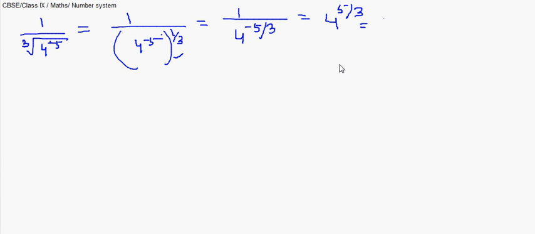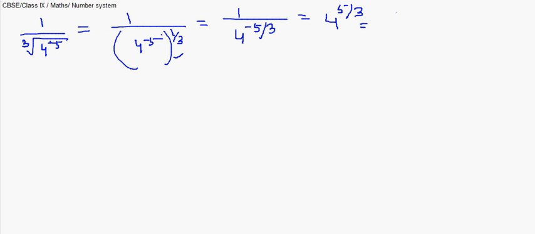We can take it that way. 4 squared is 16, 16 into 16 will be 256, into 4, that is 1024. 4 to the power 5 and 1 upon 3, if I'm trying, this is giving me 1024's cube root. 1024's cube root will be difficult to find, so we can separately write this in exponential format.